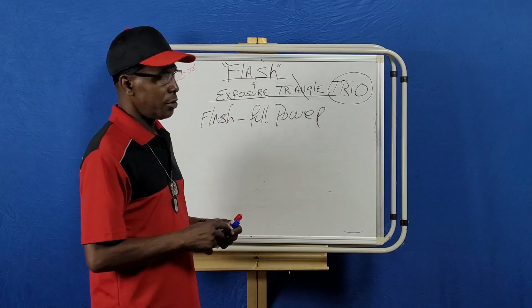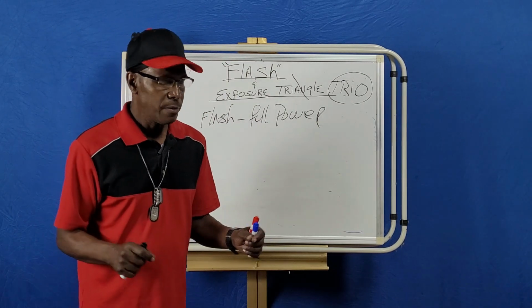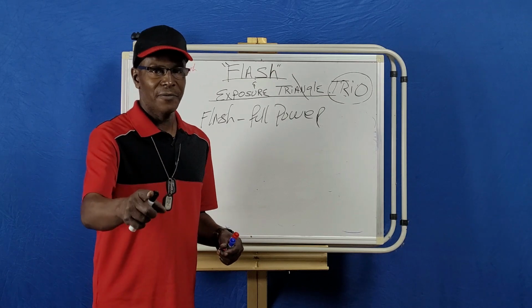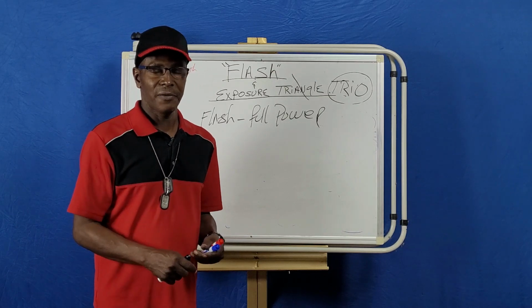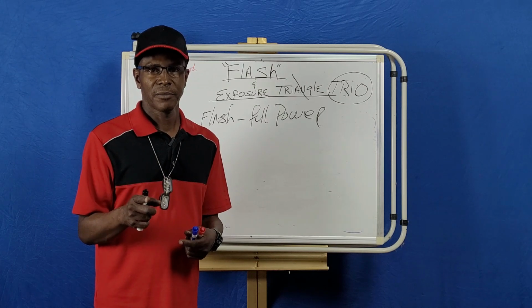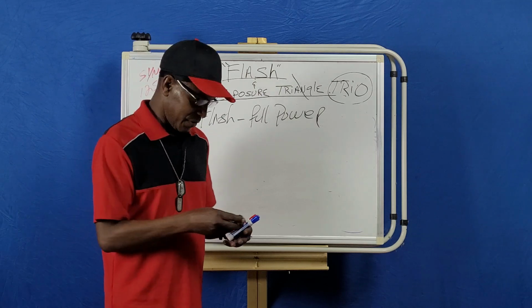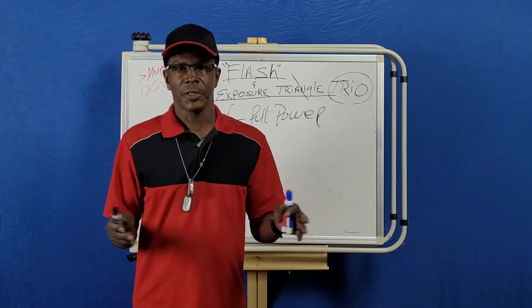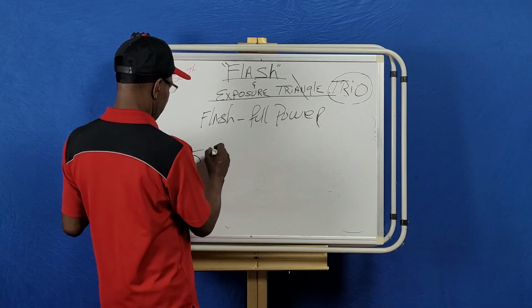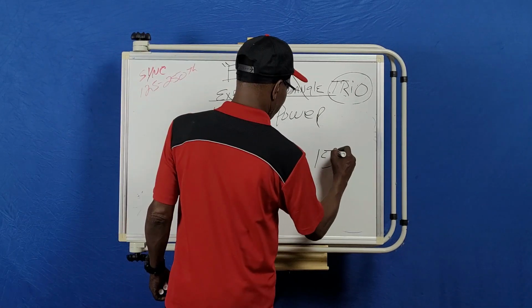One of the things I used to do is take a tape measure and measure out 5 feet, 10 feet, and 15 feet, and fire the flash at 5 feet, and see what f-stop I would get at 10 feet and at 15 feet. So this is how I would do it. Your subject was at 5 feet, 10 feet, and 15 feet.